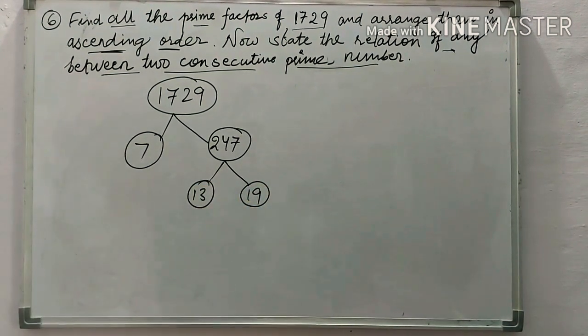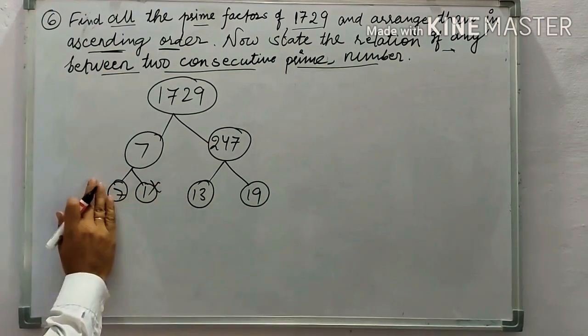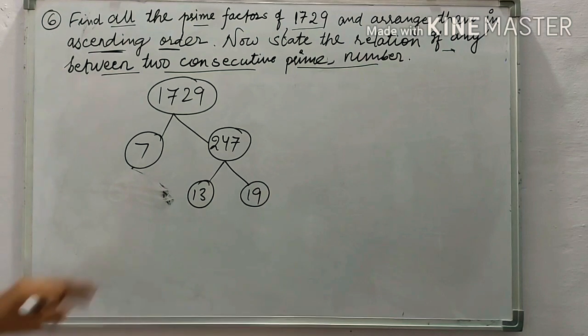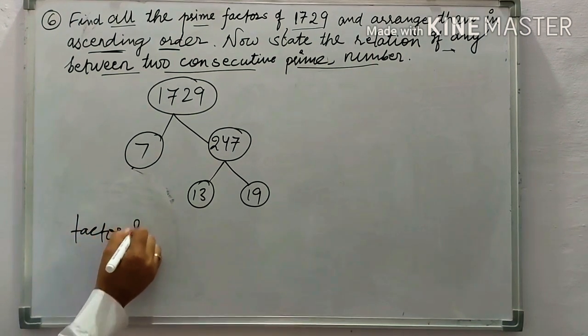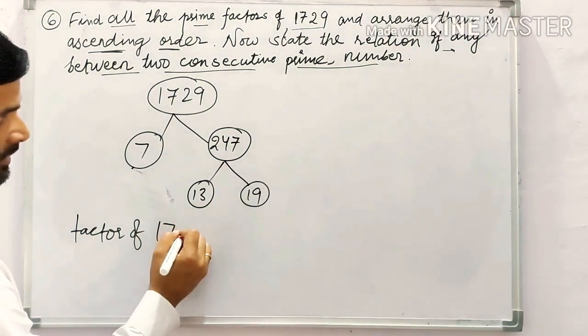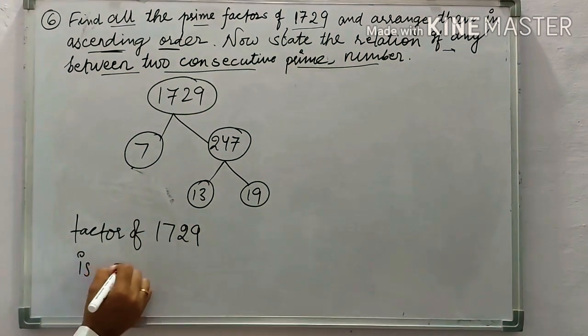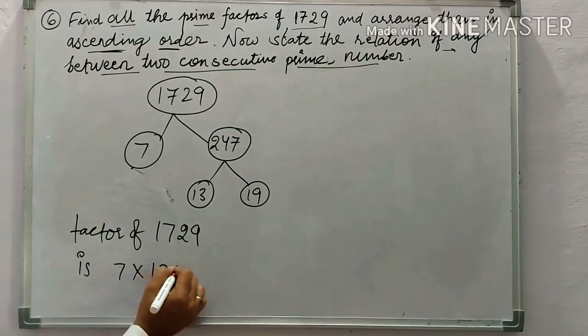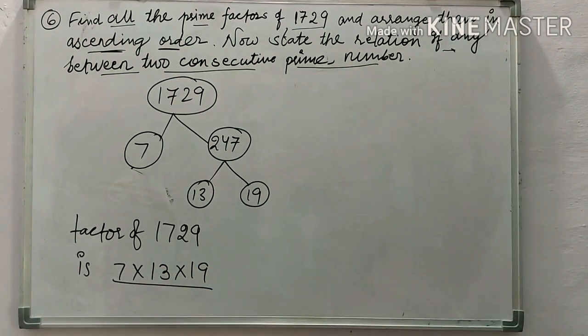You can write 7 into 1, but 1 is not included, so nothing we write for the 1. Okay, now the factors of 1729 are 7 into 13 into 19.